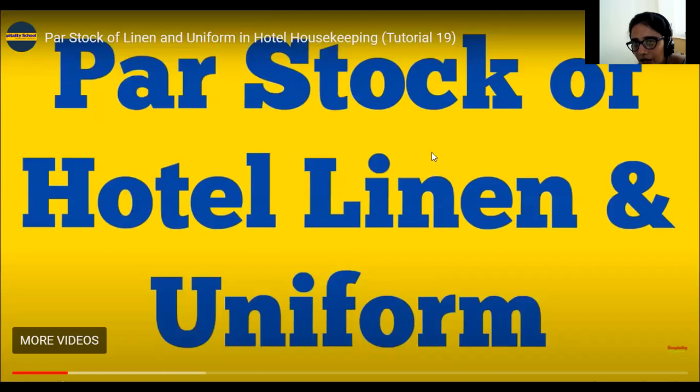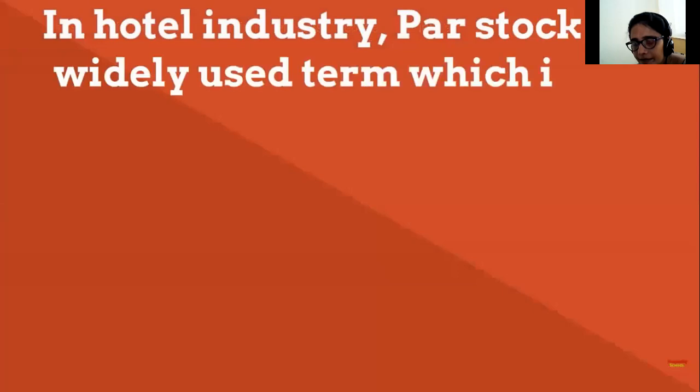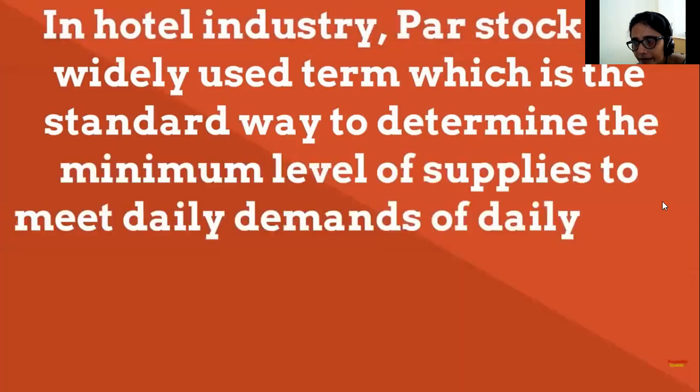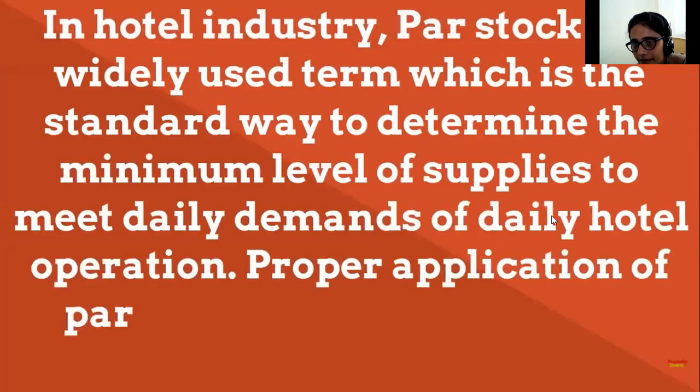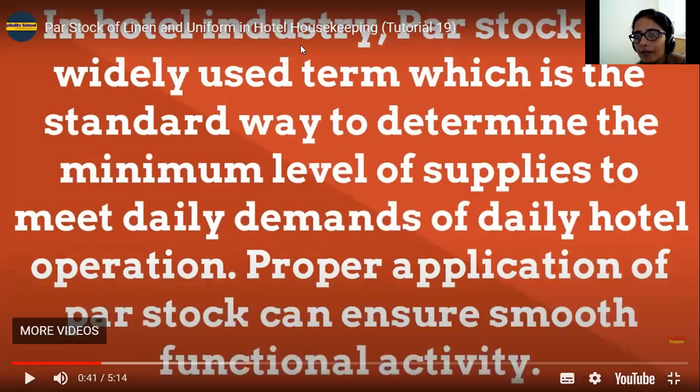Par stock of hotel linen and uniform. In the hotel industry, par stock is a widely used term which is the standard way to determine the minimum level of supplies to meet the daily demands of hotel operations.